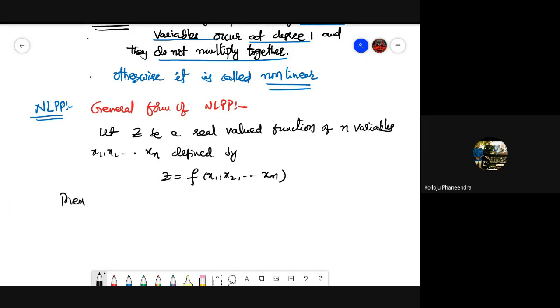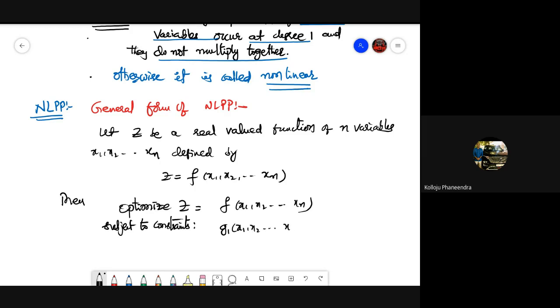Then I will write optimize, which means maximize or minimize. Optimize z equal to f of x1, x2, xn subject to constraints. The constraints I'm taking as g1, the first constraint, g1 of x1, x2, xn. It is a function.